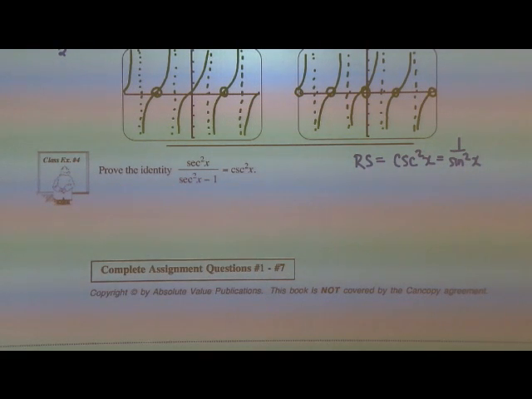So what can I do with the left side? And I'll give you the hint. Before you start rewriting all of the secants as 1 over cos, look at that denominator and look at what you have on your page.